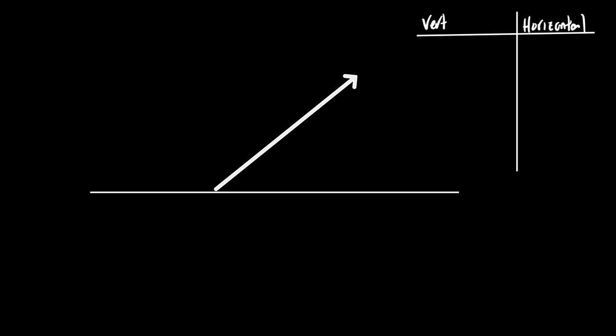Right? So if I tell you that an object is launched at 20 meters per second at an angle of 35 degrees, you would have to find how fast the object is launched horizontally from that and how fast the object is launched vertically from that. Right? So, can you do that?